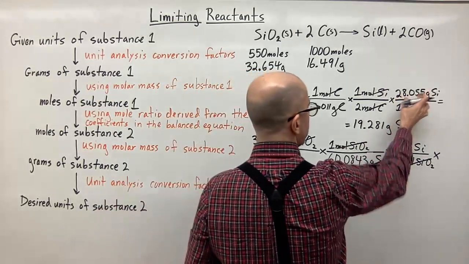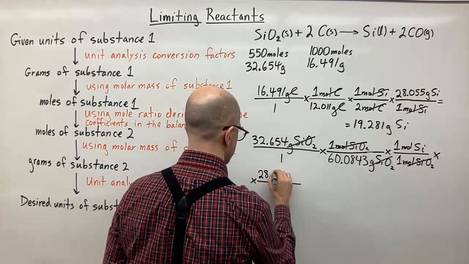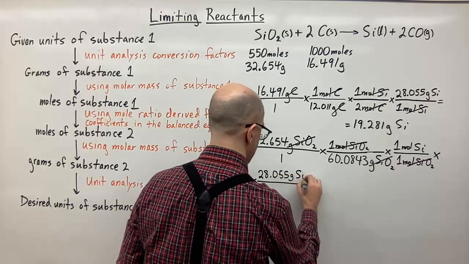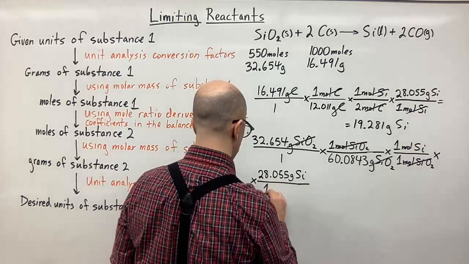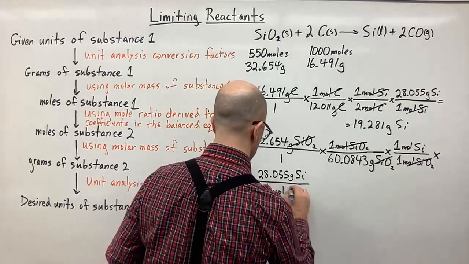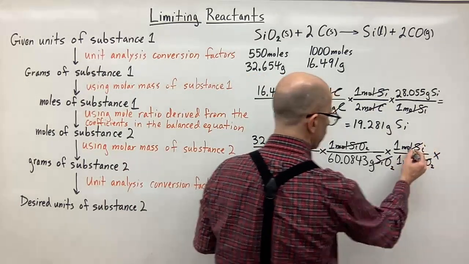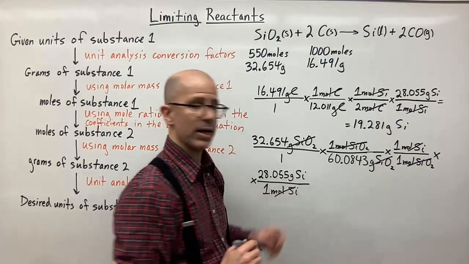So again, 28.055 grams of Si on the top, and then 1 mole of Si on the bottom. So moles of Si on top cancel out with moles of Si on the bottom. And now I have grams of Si.